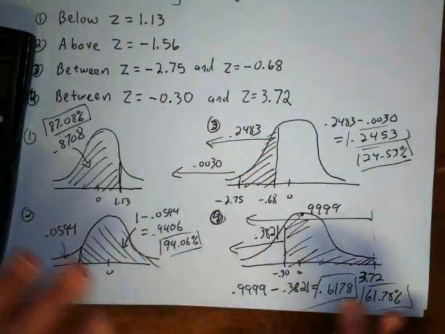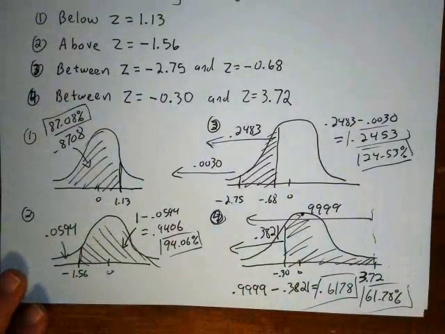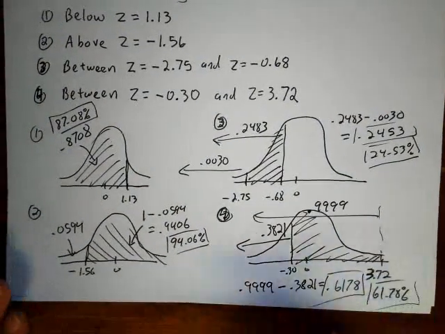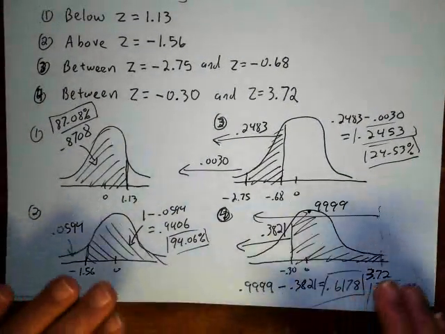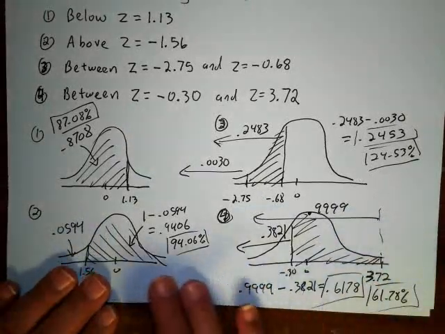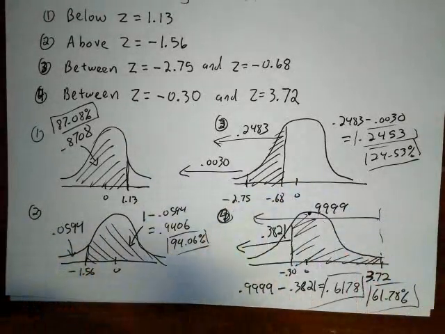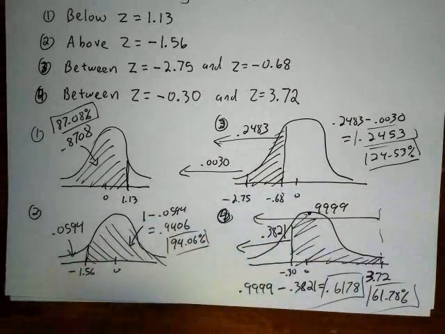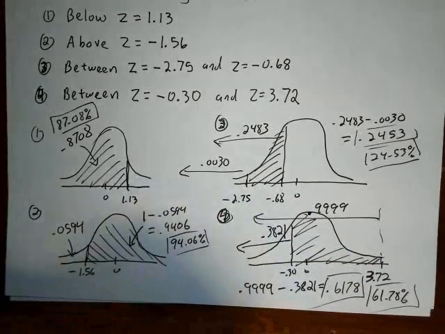And then with that, you should be able to find any of these standard normal areas. Okay? So that's how to use the table. In the second set of videos, we're going to learn how to combine this with the z-score to find the actual percentage for any normal population.